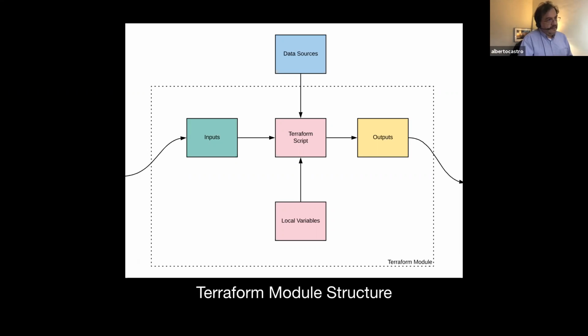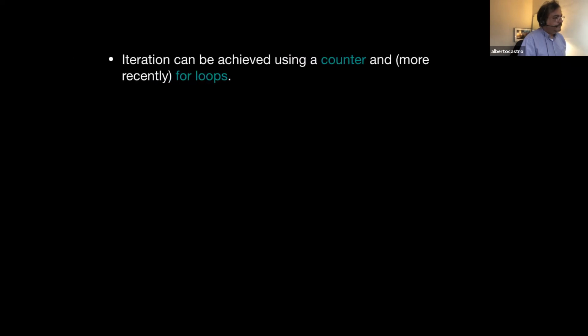We haven't seen them yet, but we can create local variables, and we also have data sources that come from somewhere else. We can also have iteration. We can have counters or for loops. Iteration is kind of a sticky subject with declarative languages, so there's a little bit of a learning curve if you haven't used declarative languages before.